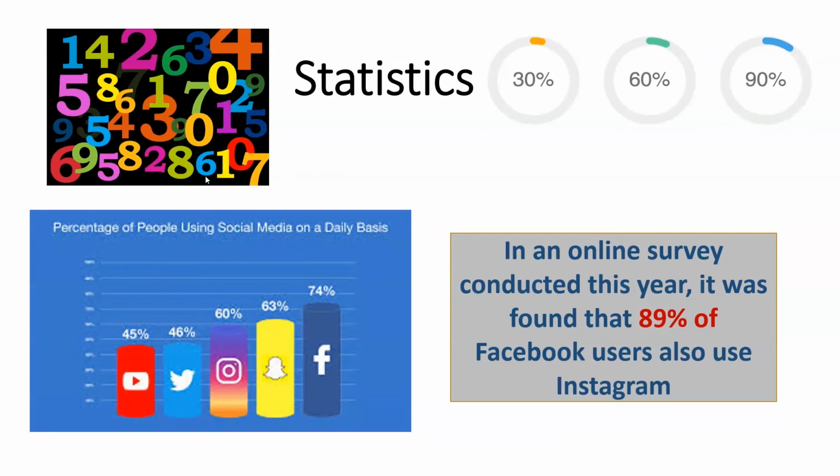So here, a percentage is given by the writer to show the extent or the large number of people that are both Facebook users as well as Instagram users. Again, guys, we're using percentages. You could use numbers. Look at the percentages here, and that will help you in your writing to create some sort of impact.